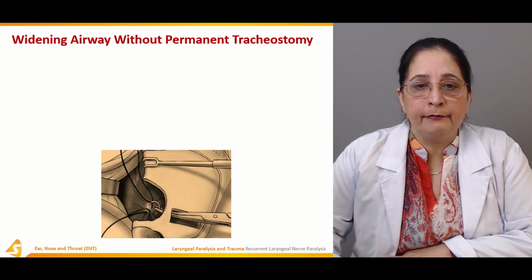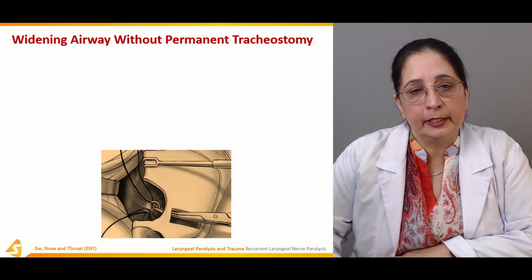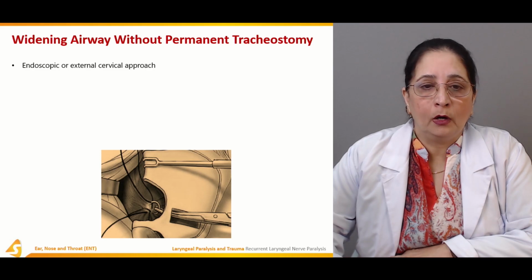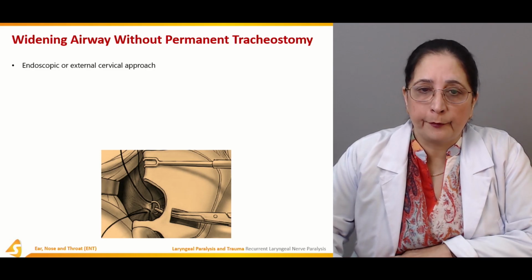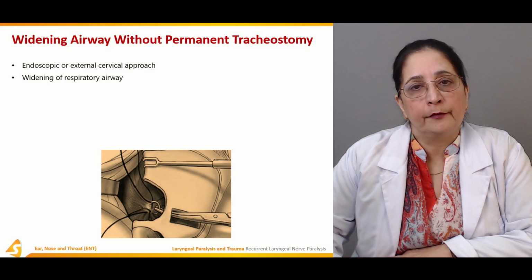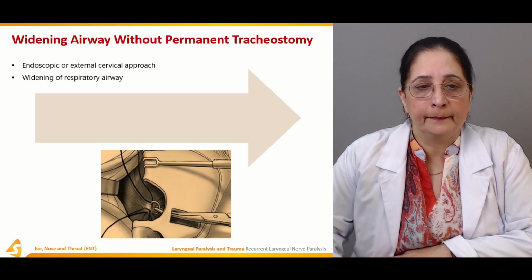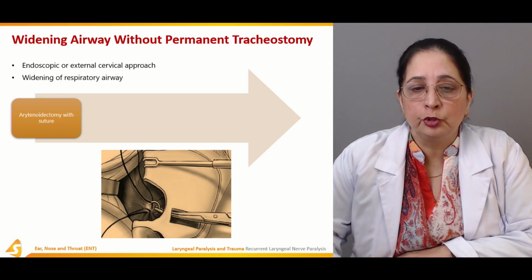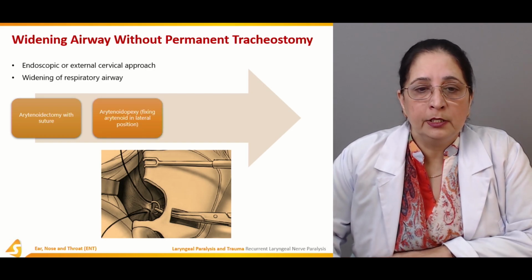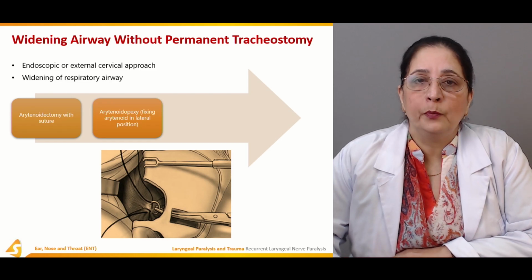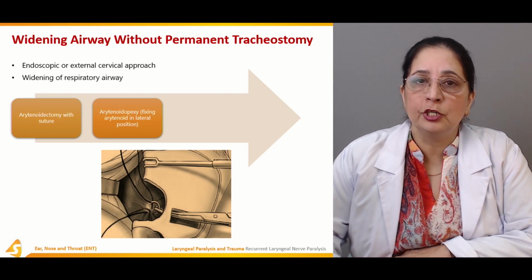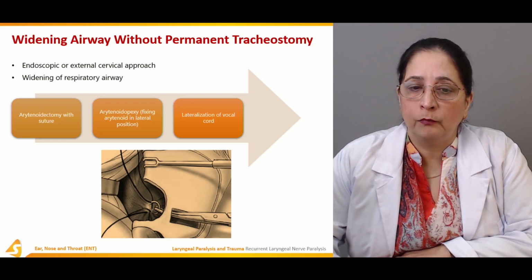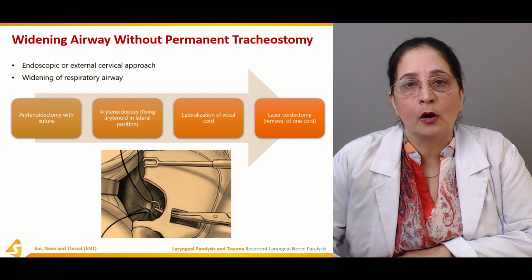Widening the airway without permanent tracheostomy: endoscopic or external cervical approach, widening of the respiratory airway, arytenoidectomy with suture, arytenoidopexy, fixing the arytenoid in lateral position, lateralization of vocal cords, and laser chordectomy.